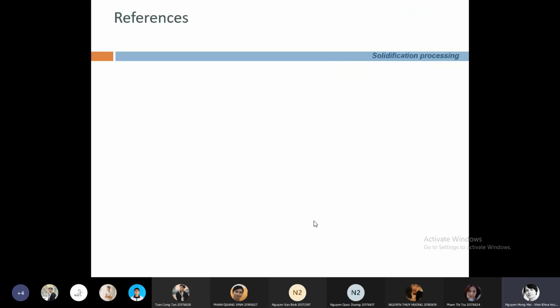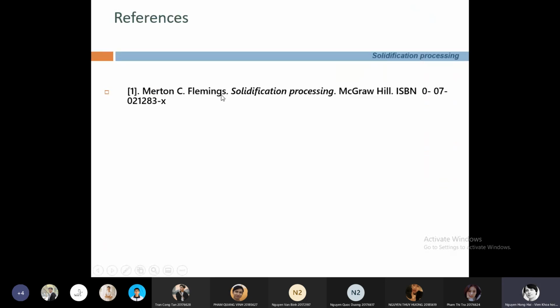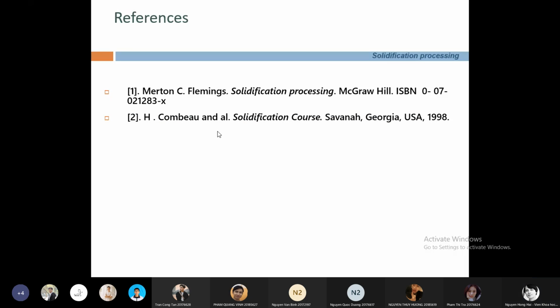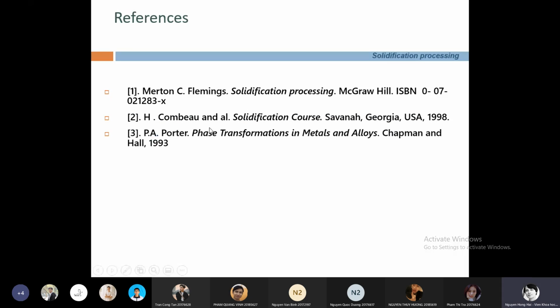And you can have some references, such as Flemings, Solidification Processing. He's a professor from MIT, very famous professor. You can refer to the solidification course. The other book, Transformation in Metals, is also a very good book.